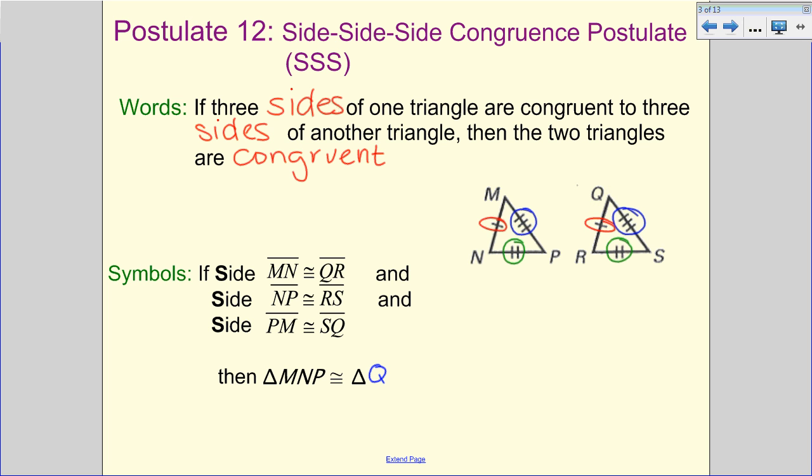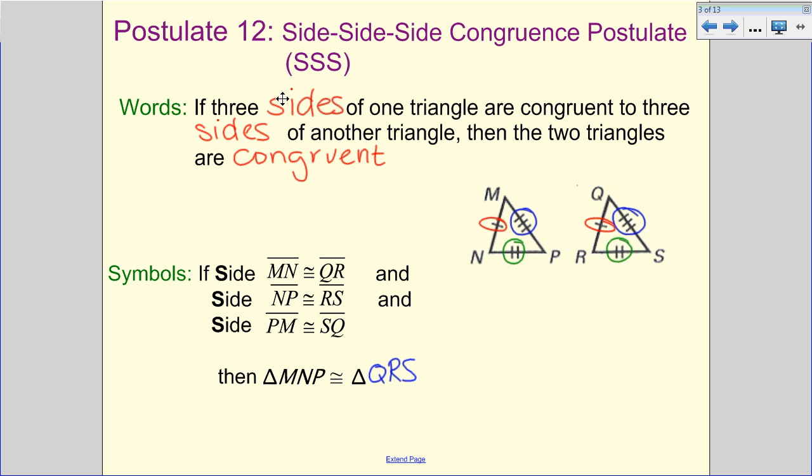We then go to N. N was formed by the red and the green, the 1 and the 2. We look over here, R is formed by red and green, the 1 and the 2. So R is the next angle, and that leaves S. That's what our congruency statement looks like because we chose the corresponding angles in that order. So that's what we're looking for.